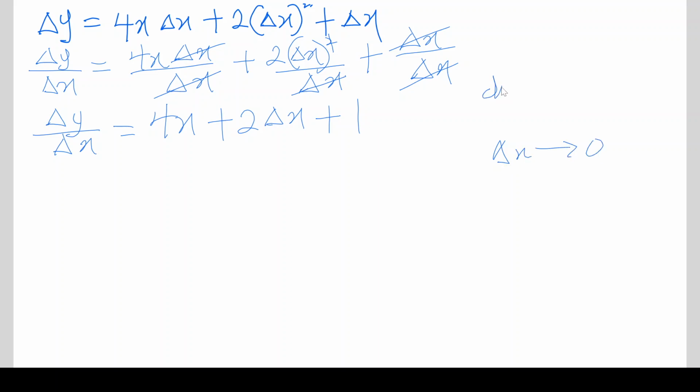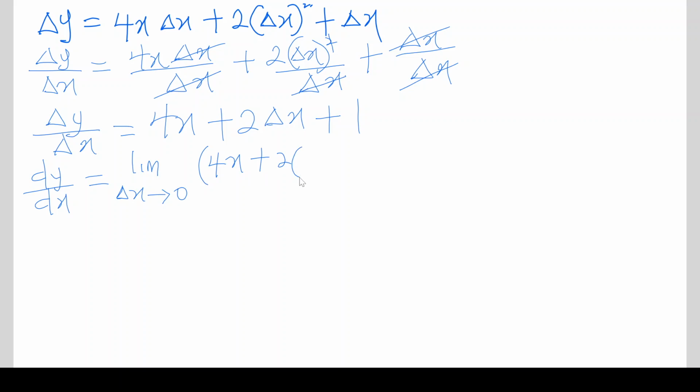At that point, it becomes dy dx, which is equal to the limit as delta x tends to 0 of 4x plus 2 times delta x, which tends towards 0, then plus 1.